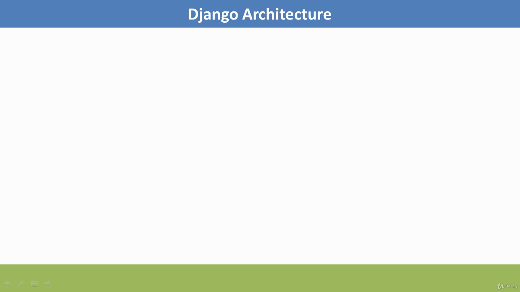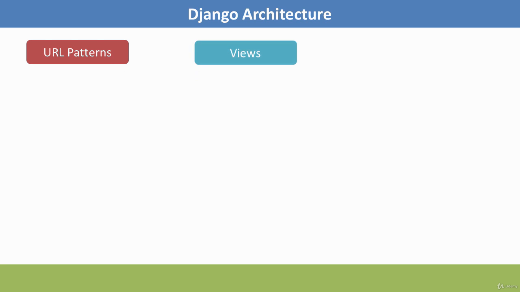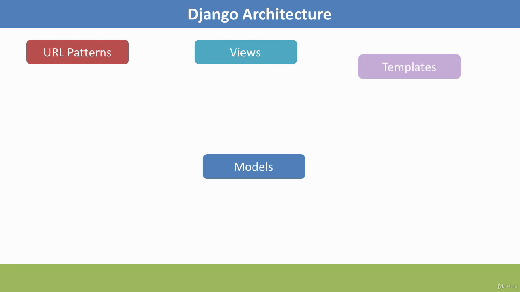Django calls these pieces by different names. Django refers to them as URL patterns, views, models, and templates. So this is Django's own version of the MVC implementation.